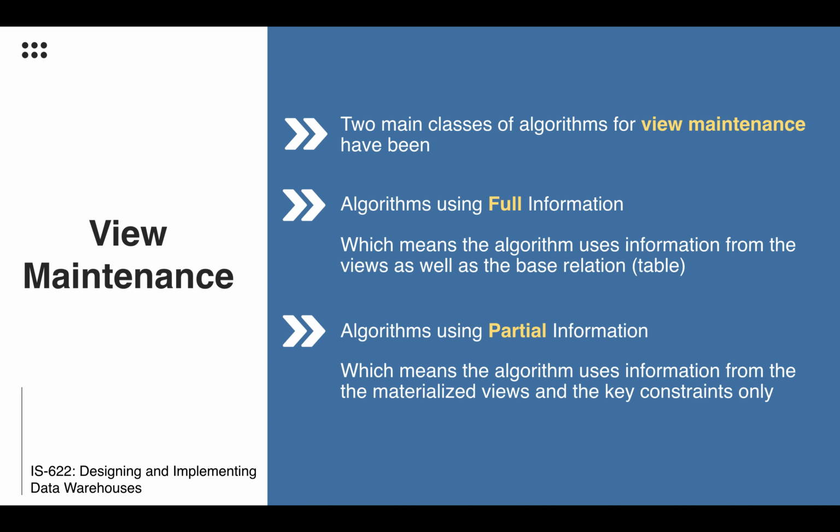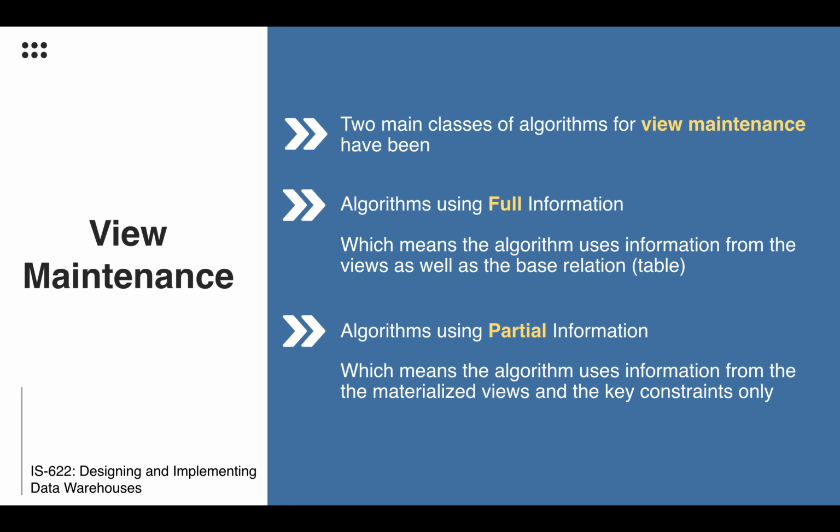If it was more than 150, then I cannot delete P3. But if it was less than 150, then I can delete P3. Okay, so this is full information. But there are cases where you don't need to go back to the base table. The algorithms that do not go back to the base table are called algorithms that use partial information.